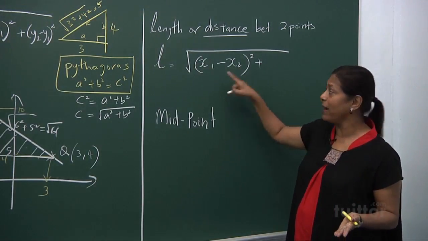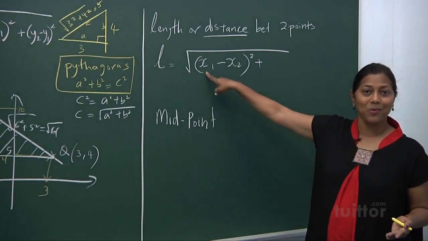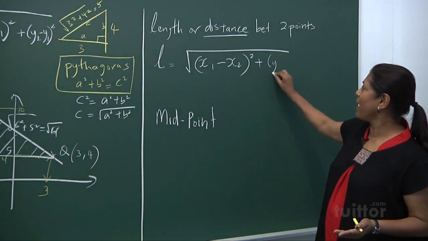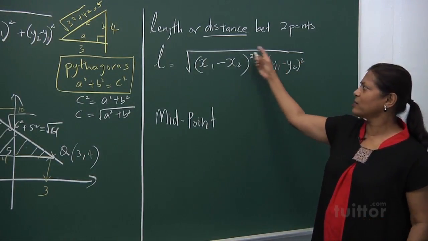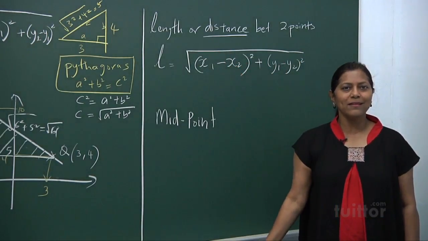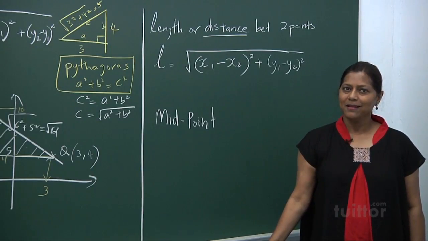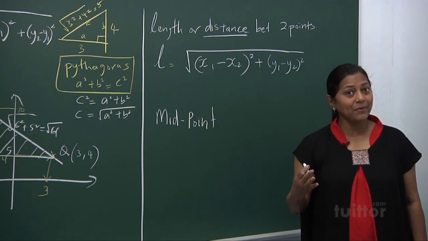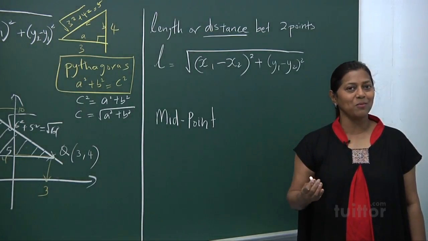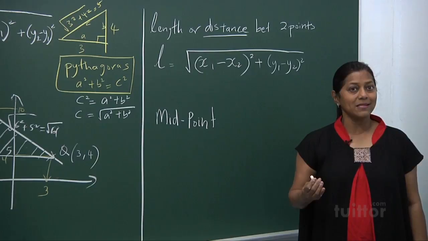No, y1, because we started with x1. So it will be y1 minus y2 squared. And the square root of it, right? So here we see, don't you see the connection? Linear, Pythagoras, and coordinate geometry. They all are in sync.